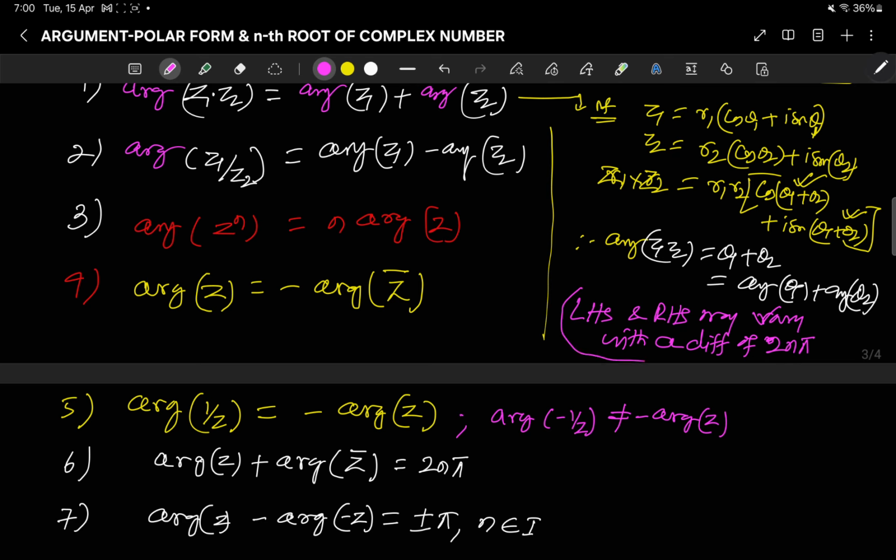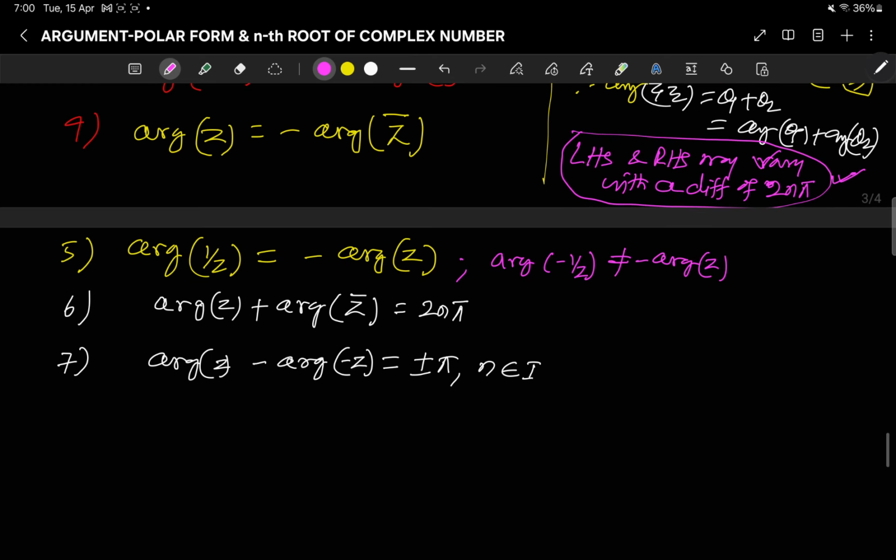The left hand side and right hand side may not be exactly equal. Likewise, argument of z1 z2 and so on up to zn is argument of z1 plus argument of z2 plus and so on up to argument of zn.